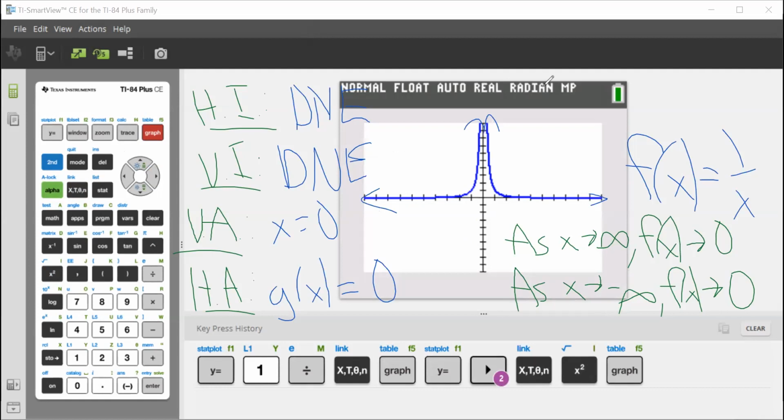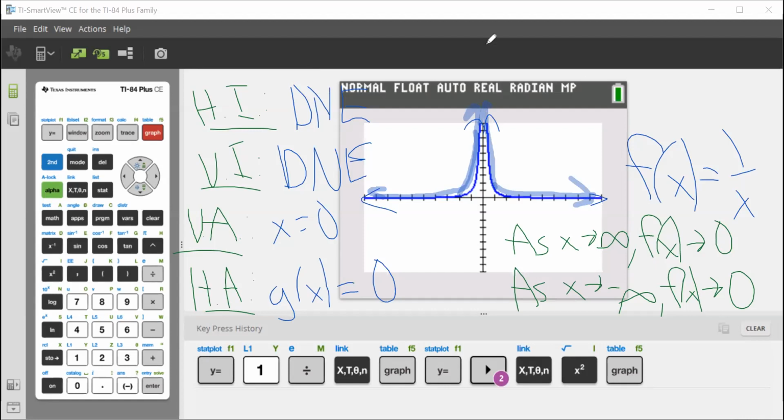Well, again, we see that the graph is coming down and getting closer and closer to the horizontal axis, but never crossing it. It also goes up and gets closer and closer to the vertical axis and never crosses it on the left-hand side. And does the same thing on the right. So we see that just like with the reciprocal function, there are no horizontal or vertical intercepts here.